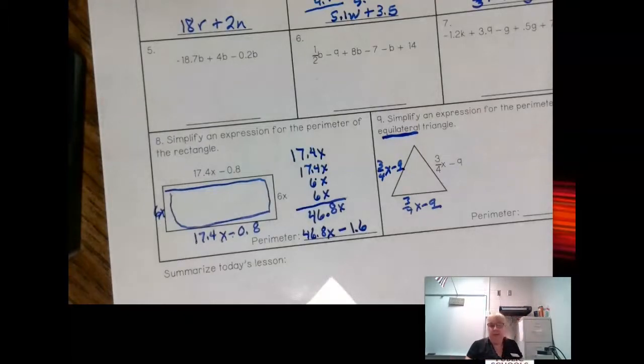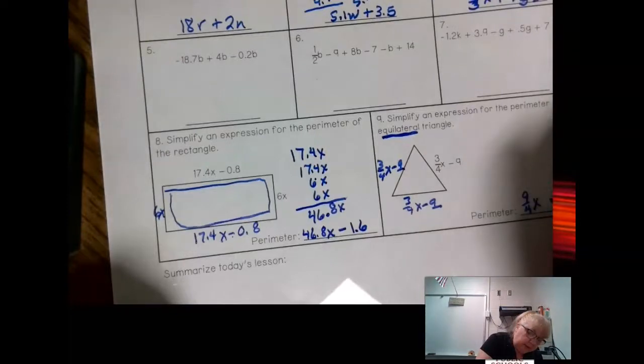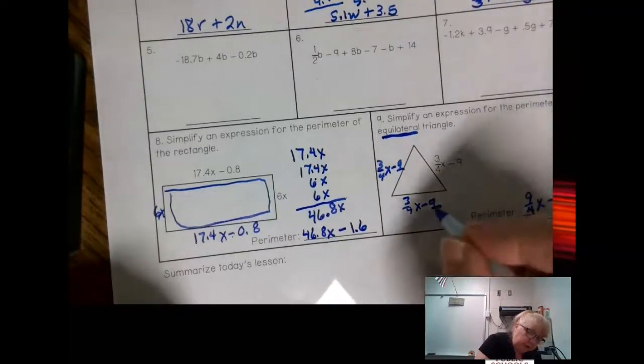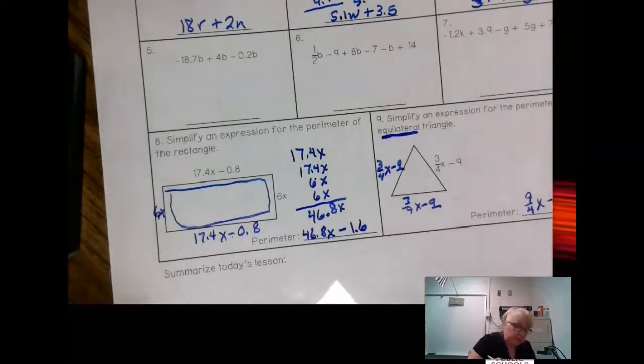Add the 3's. 3 plus 3 plus 3. 9/4. So we're going to just leave it like that. 9/4 x. And then how many q's? 1, 2, 3. I have 3 q's. Minus 3q. And we're done.